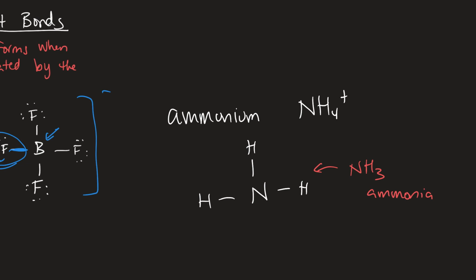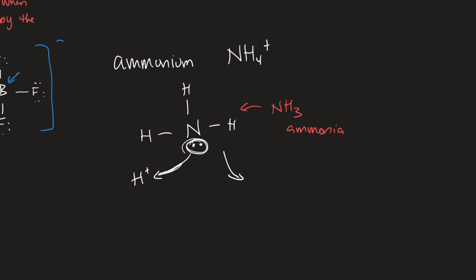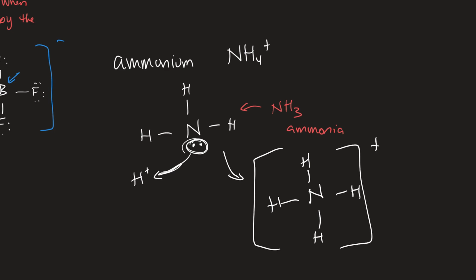Nitrogen has this set of lone pair electrons, and then you have this hydrogen ion that has no electron. These electrons are going to be shared between this hydrogen and the nitrogen. Both electrons are coming from the nitrogen, so that's why it's considered a coordinate covalent bond. When this happens, you have N and 4 H's, and it turns out that this molecule is also a polyatomic ion. It has a +1 charge.